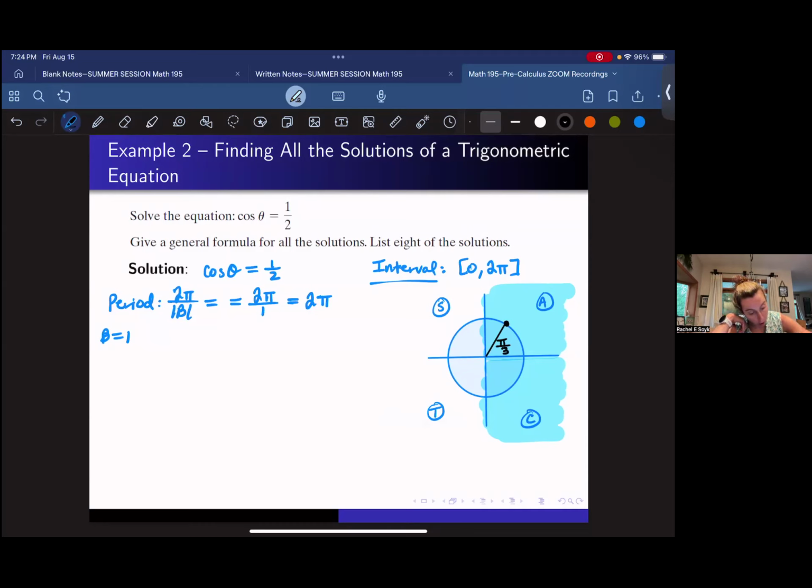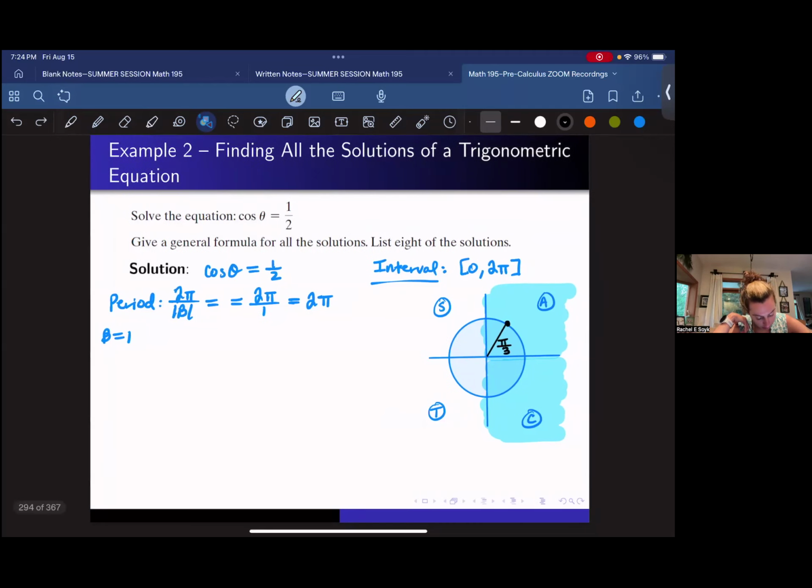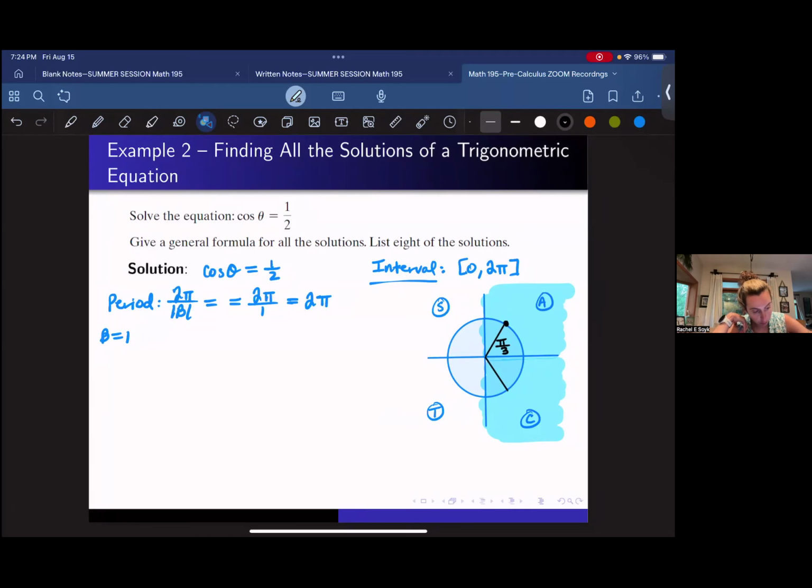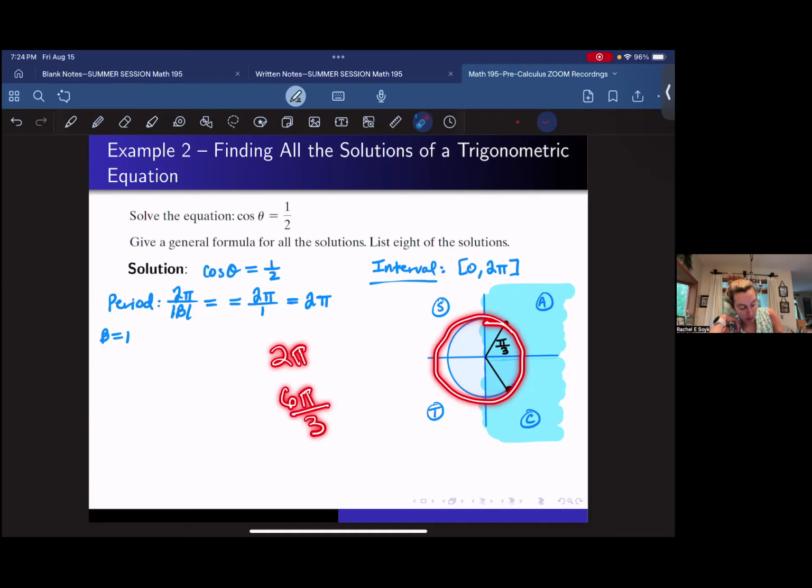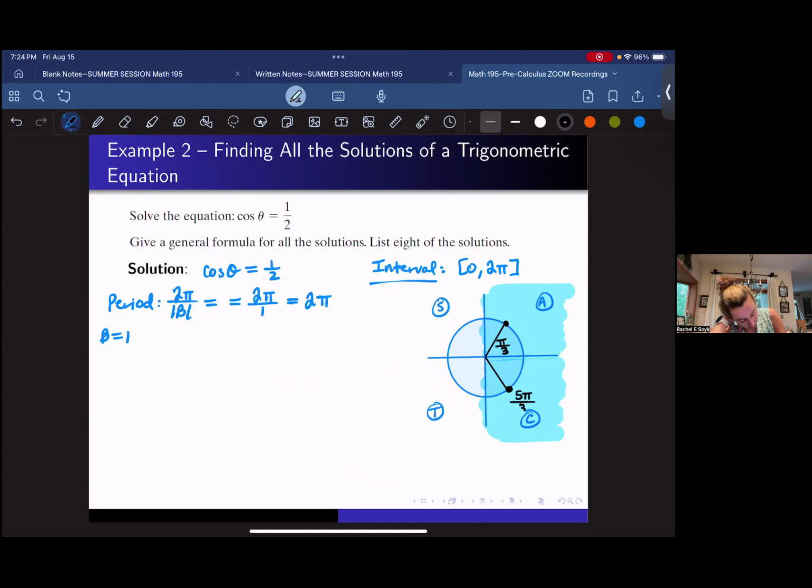And so in that fourth quadrant, we're looking at a negative pi over 3, or if we know that a full revolution is 2 pi, also known as 6 pi over 3, and we subtract a pi over 3, we end up with 5 pi over 3 to be represented here. Okay.